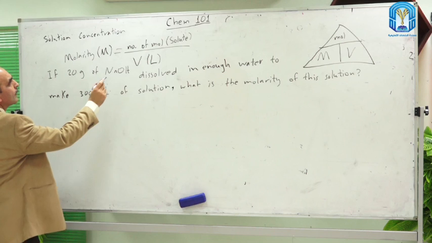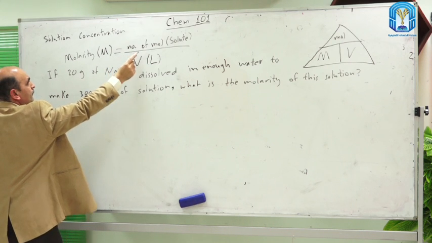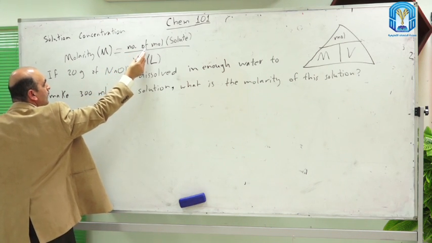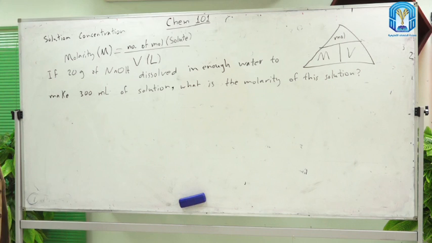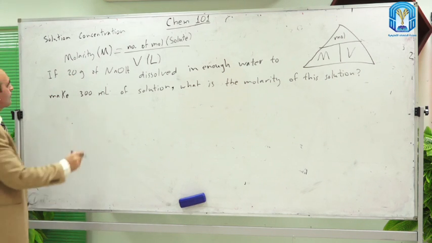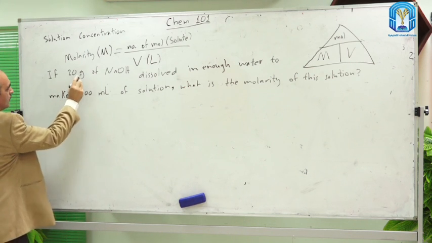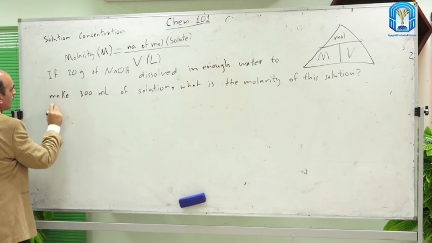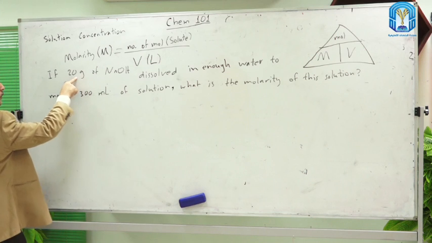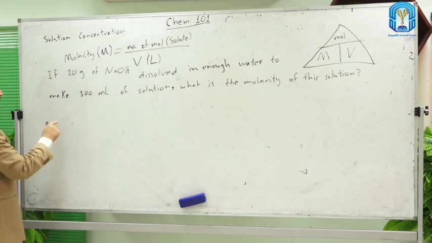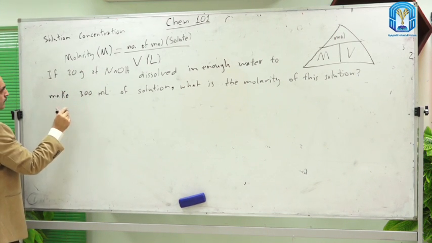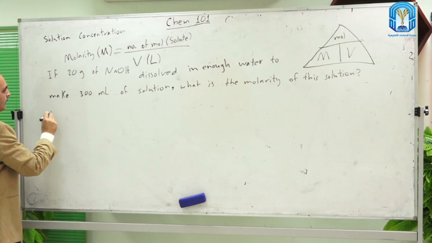Here we see the equation is in moles of the solute, and we have it here in grams. So we need to convert it into moles by dividing it by its molar mass.